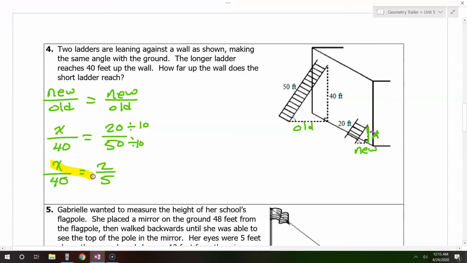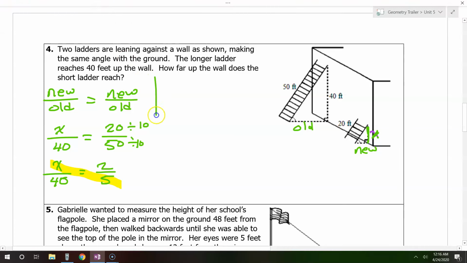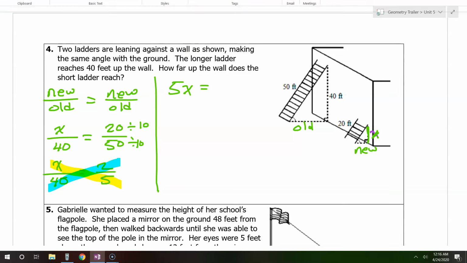So if I do this diagonal, I'm going to get 5x. And then if I do the other diagonal, that's 2 times 40, so that's going to be 80.